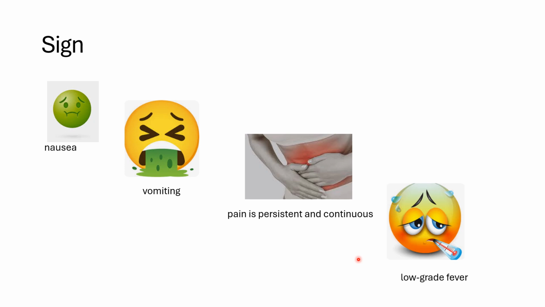The other thing you might see in your patient is that they prefer to lie still, because they have too much pain to move, and they like to flex their leg, especially on the right side, to help themselves be more comfortable.